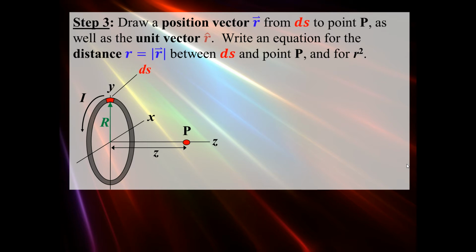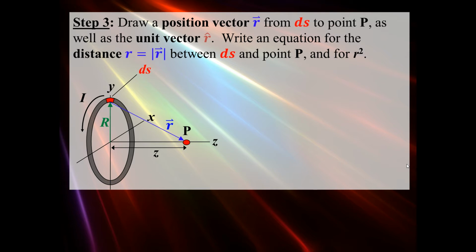Step 3, I want to draw a position vector from my tiny chunk of the ring, so that's ds, and I want it to point towards point P. On the picture, I can start at ds and have that vector point towards point P. I also want to identify what the unit vector looks like.